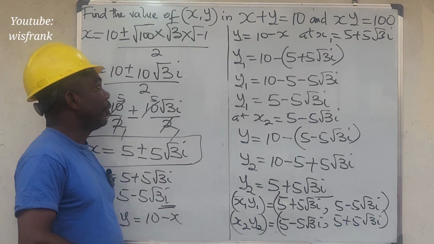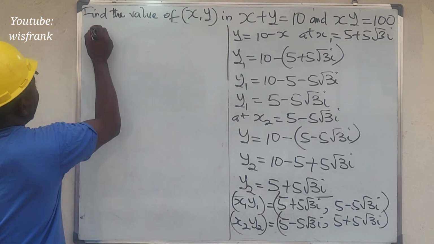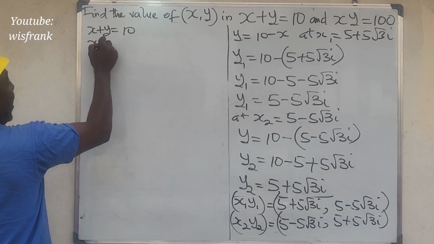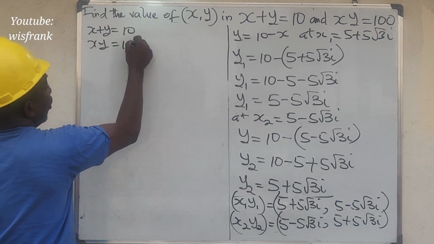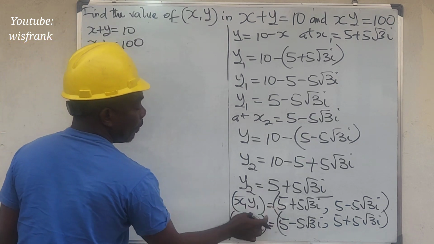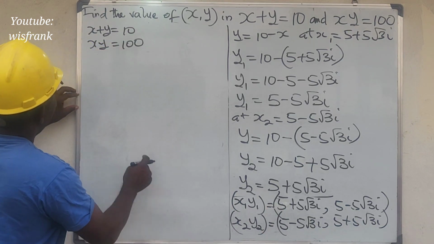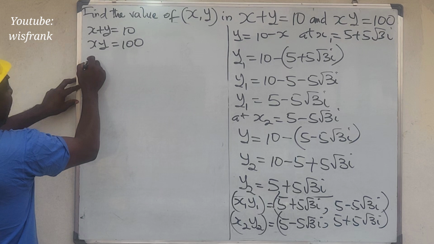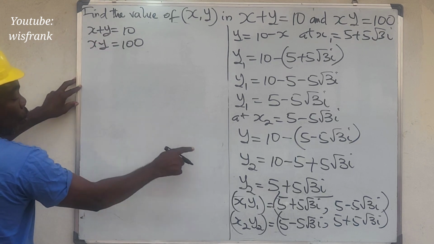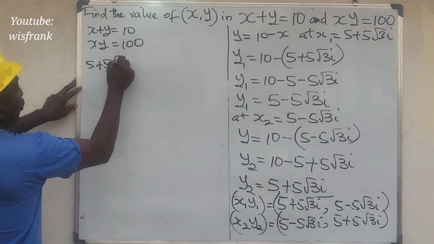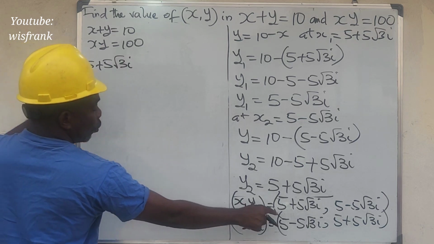Before we do that, we need to clean this. So we are given x plus y equals 10, and also xy equals 100. Let's substitute the values of x1 and y1 into this expression. For x1, we have x1 is 5 plus 5 root 3i. That is for x1.